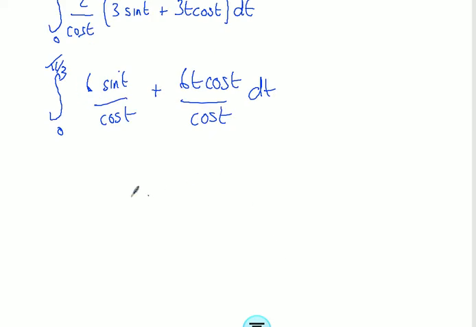So we can take out that 6 because it's multiplied throughout by 6. And then sine over cos is tan. And then cos over cos cancel each other out, leaving us with just exactly what we wanted. Which is lovely. We've got there.